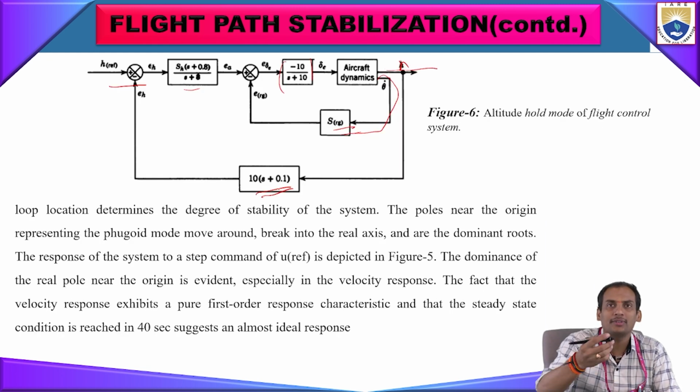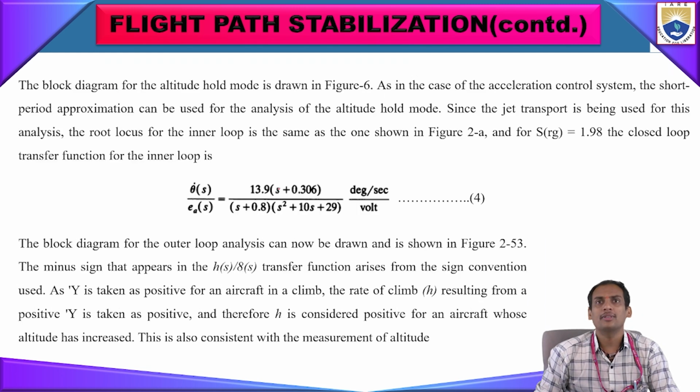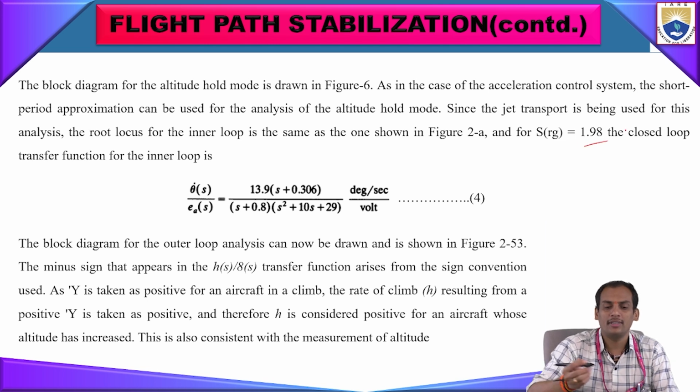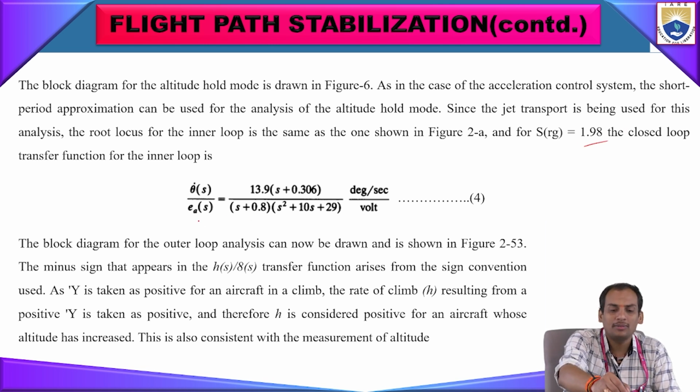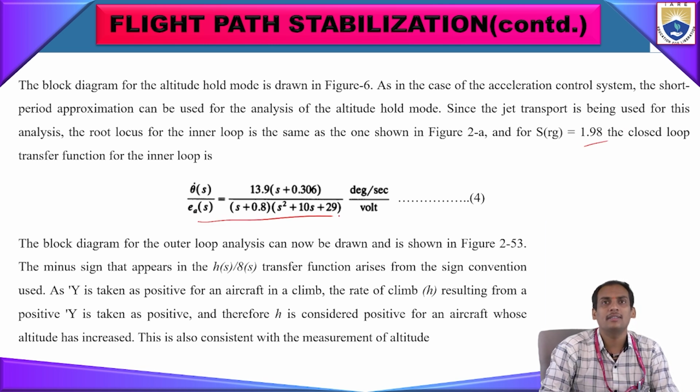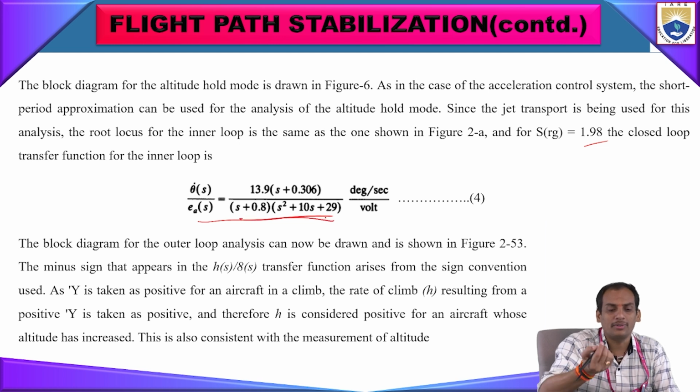I already told you, this is the outer loop transfer function. Here the rate gyro has been established at a value of 1.98. For this, the transfer function theta of s by delta e is with respect to the altitude hold, and it depends upon this transfer function.